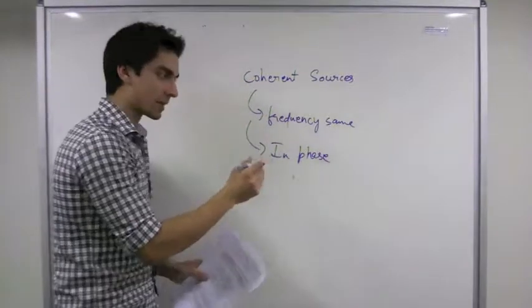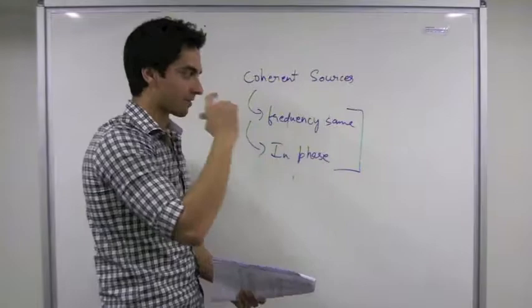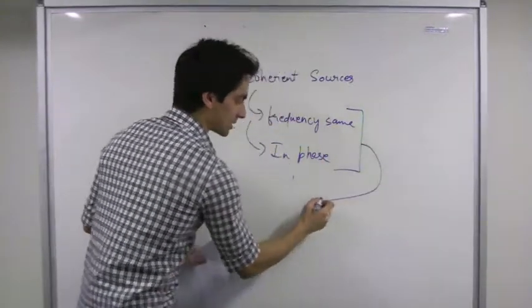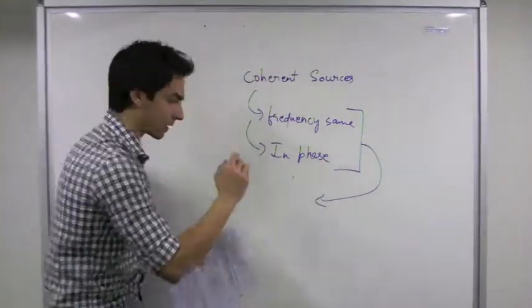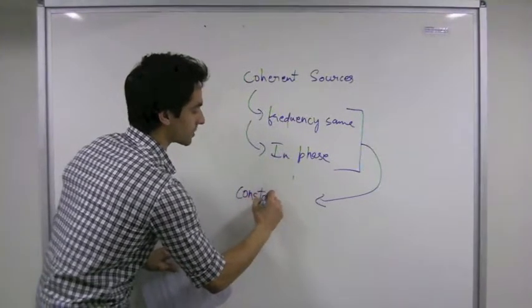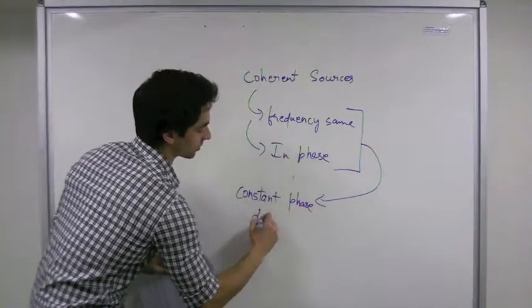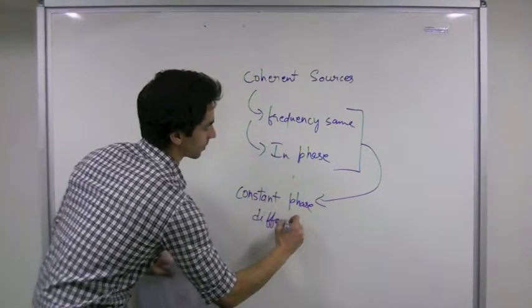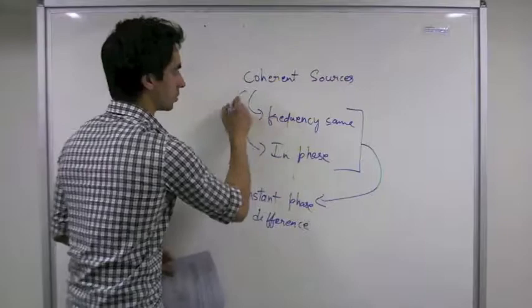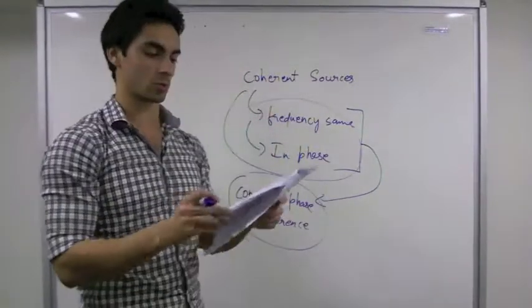In some exam questions, especially MCQs, I have noticed that both of these conditions can be met by one phrase or one condition, that the two waves have a constant phase difference. So either these two or this is sufficient for the two sources to be coherent.